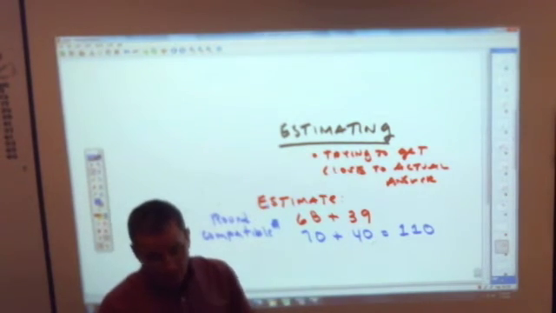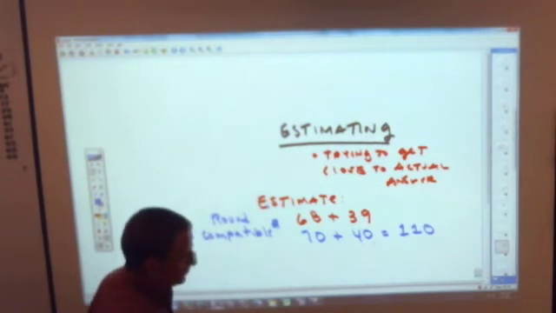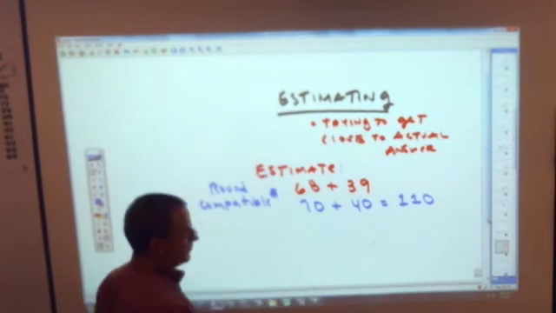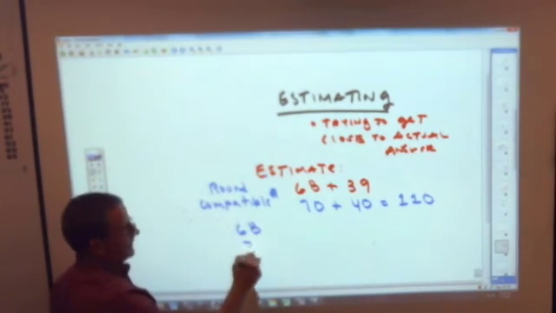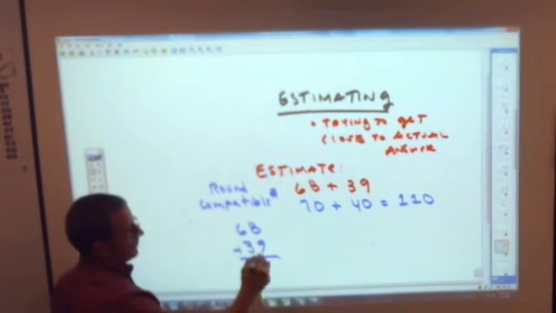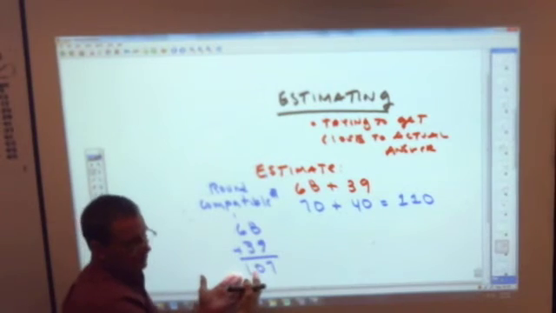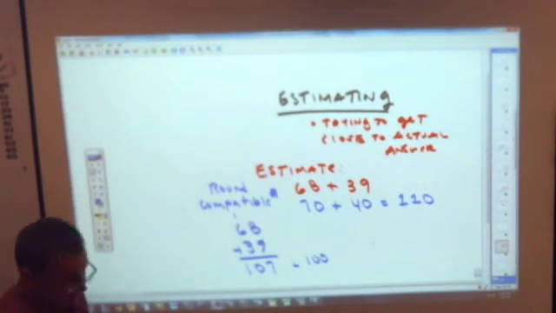Now let me tell you what it is not, 5th grade, and I see people doing this all the time. They get estimating and rounding answers mixed up. They'll take 68 and add 39 to it, do all this work, get 107, and then they'll round their answer to say 100. That's not what estimating is.